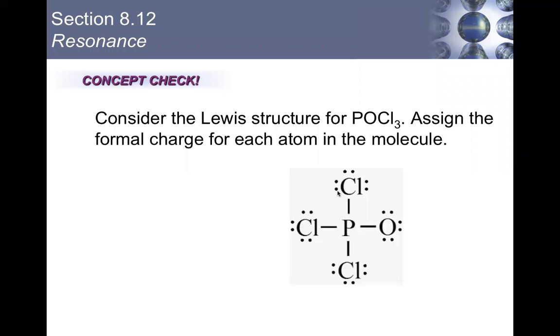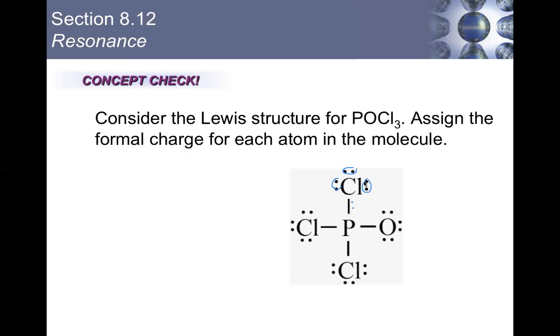So how many lone pair electrons does Cl have that aren't making bonds? It has 2, 4, 6. Then because these are really 2 electrons, a single bond, we say 1 belongs to the chlorine and 1 belongs to the phosphorus.